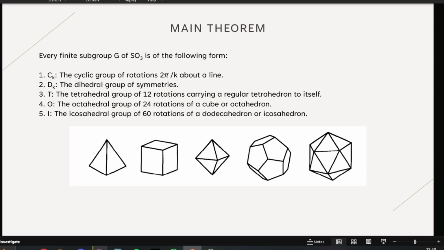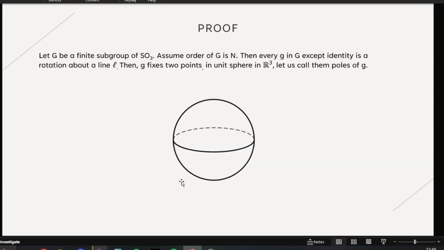This is a bit of a long theorem, so it has many steps. First, we take G to be a finite subgroup of SO3. Let G be of order n.